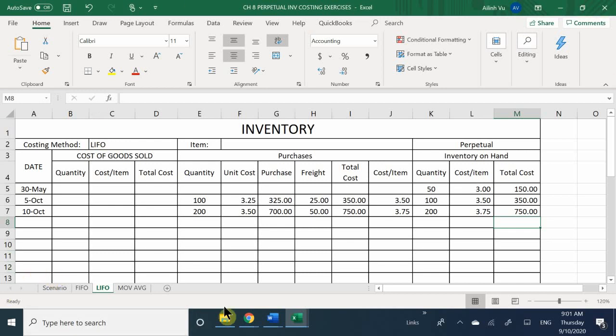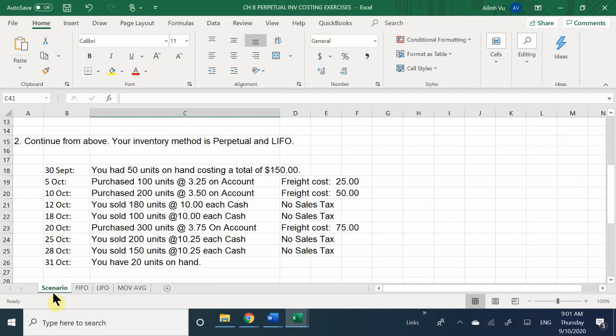Now that we introduce a new batch, the next time we sell something, where are we taking it out from? From the 200 batch. Yes, good. All right. Okay, so what happened on October 12th?